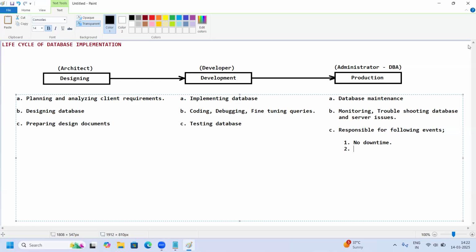You can inform them that on so and so date, on so and so time, from so and so time to so and so time, server may not be available, right? Because it is under maintenance.